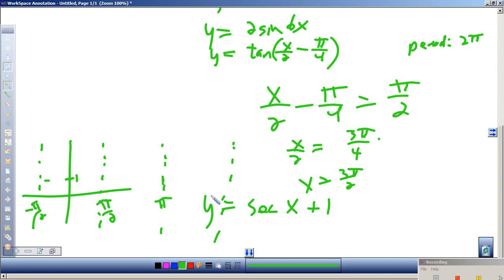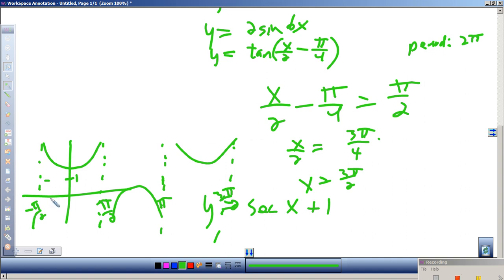So I sort of put these a bit further apart than I needed to. But you'd have something here, then something down here, something up here. So the period is 2 pi, with an asymptote every pi.